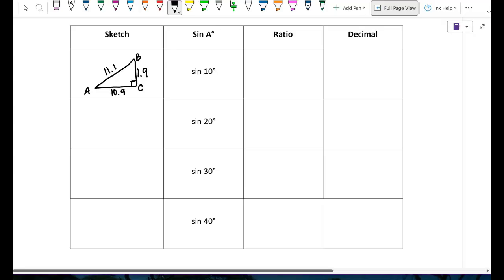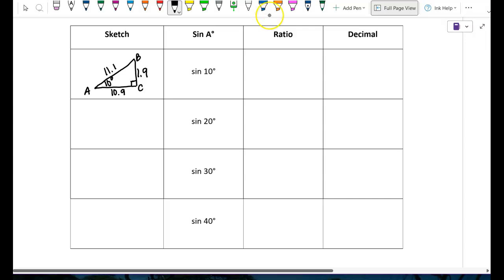And again, angle A is 10 degrees. And that's going to be my reference angle. Reference angle still comes into play here with our sine and cosine, just like it did with tangent. And again, we're not using the sine or cosine keys today. This is just division in your calculator.